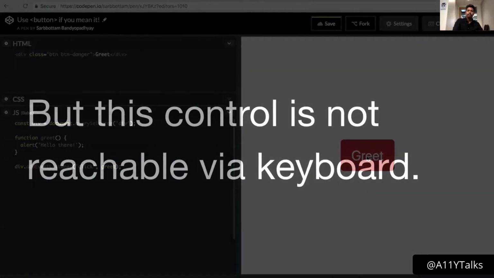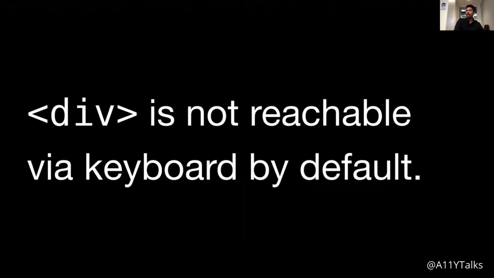But this control is not reachable via keyboard, resulting in mouse-only interaction, the first issue that we discussed. It's due to the div. A div is a non-focusable element, and non-focusable elements cannot be reached using the keyboard by default.